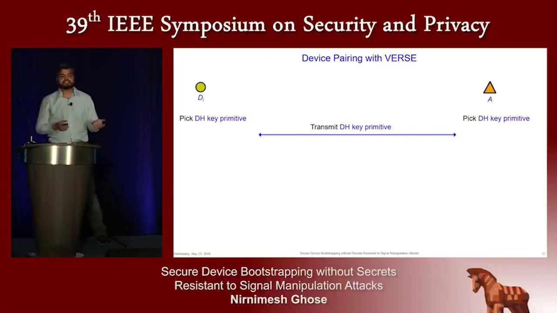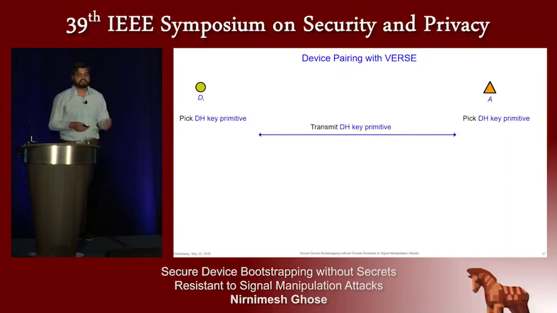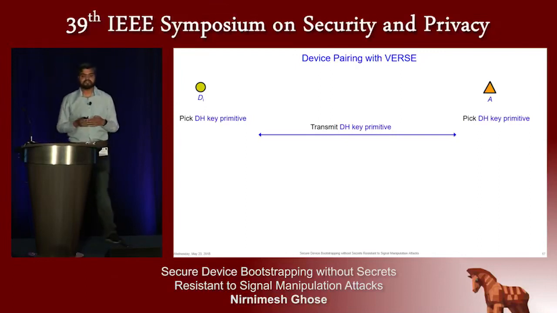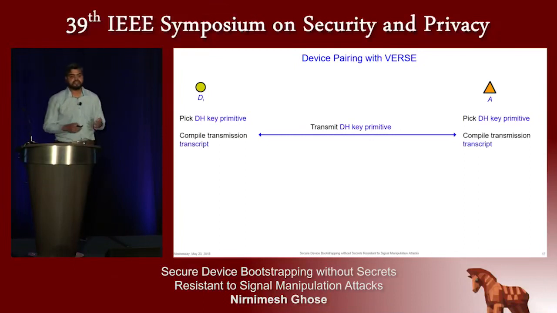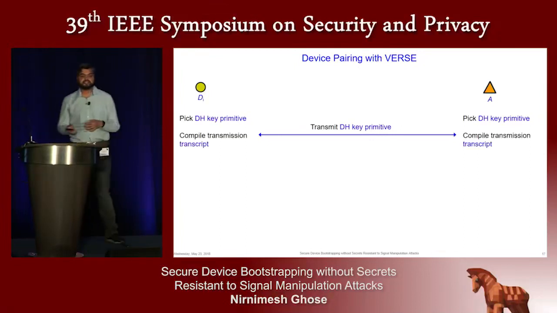So now we can see how we can use the classical Diffie-Hellman key exchange and provide message integrity verification using VERS. Here each device can transmit its own key primitive sequentially, and each device and the hub will compile the transmission transcripts.